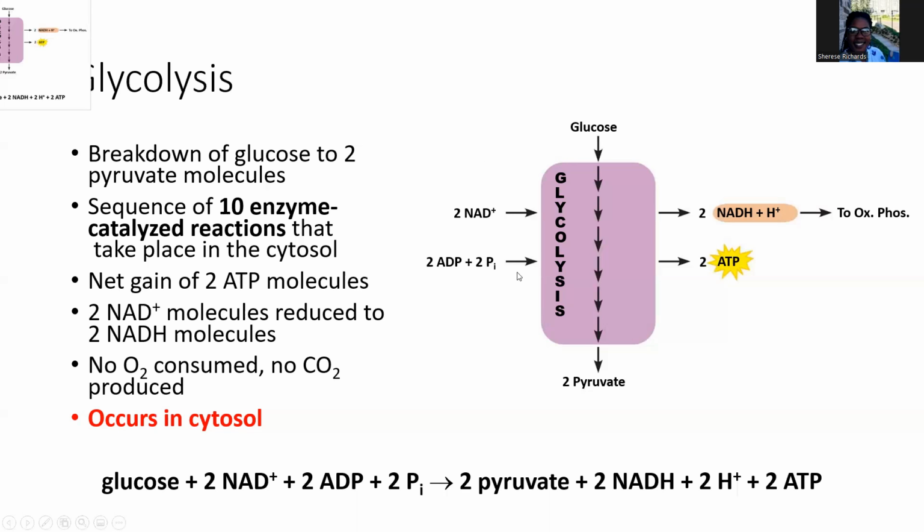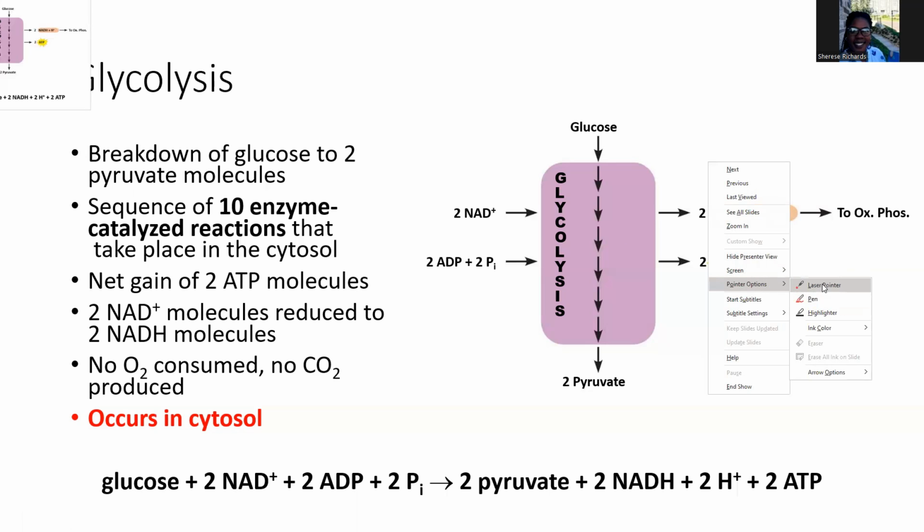We're also going to need to put in 2 NAD+, okay? NAD+ are going to be reduced. And if you think back to some of your prior courses and prior knowledge, oxidation is loss of electrons, reduction is gain of electrons. So when we reduce 2 NAD+ molecules, we're actually going to gain 2 electrons here.